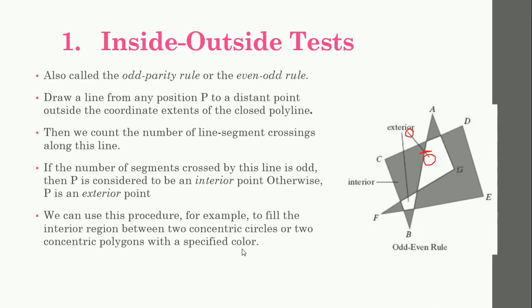So for this you have two intersecting points. If the number of segments crossed by this line is odd, then P is considered to be an interior point, otherwise it will be an exterior point. So in this case you consider, here you have one intersecting point, and the point here. So it's even. If it is even, we consider the point to be an exterior point.